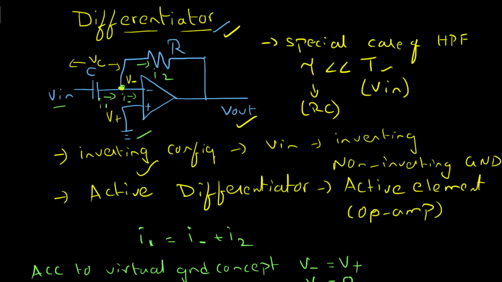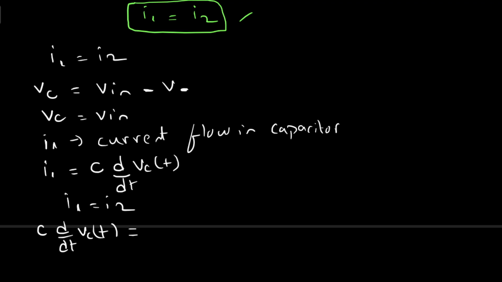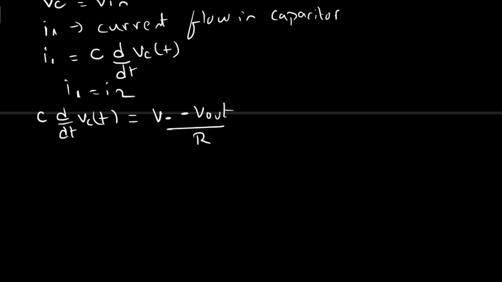So I2 can be represented as the voltage difference across this resistor divided by the resistor R. What is the voltage difference between V minus and Vout? It is the voltage difference across the resistor R. So you can write it as (V minus minus Vout) by R. Already we know that according to the virtual ground concept, V minus equals 0. So you can write C d by dt of Vc of t equals minus Vout by R.